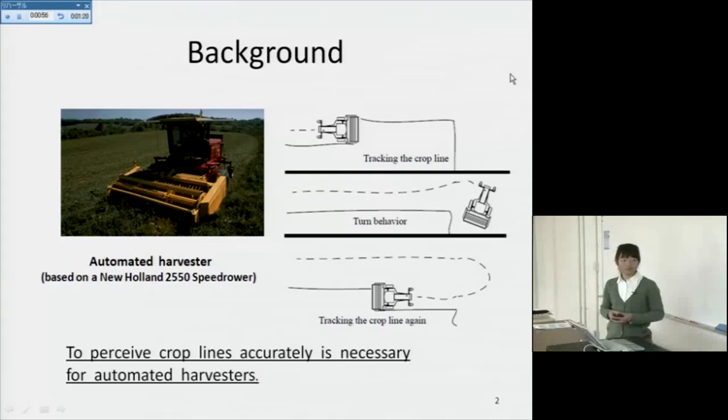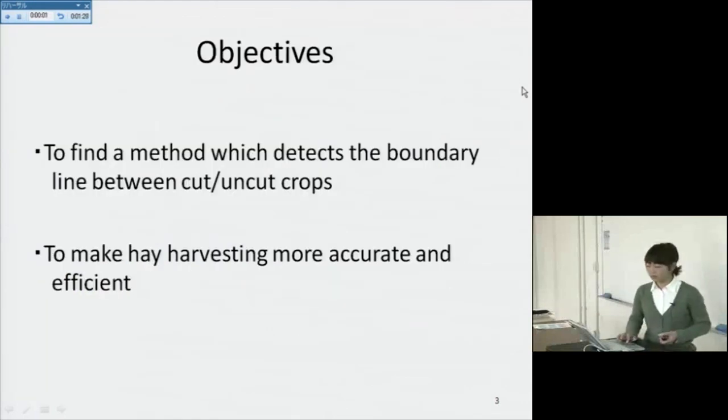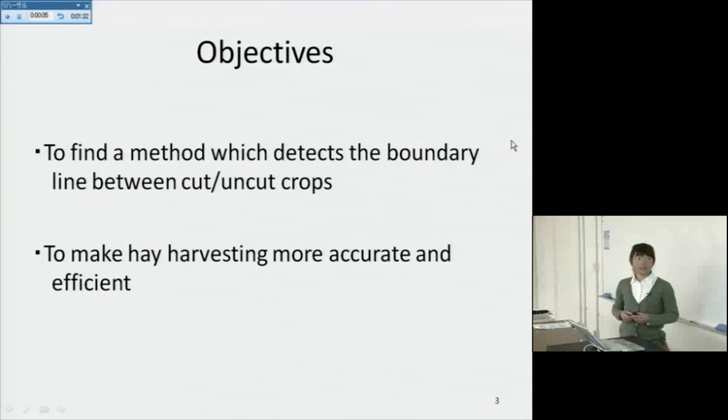So, perceiving crop lines accurately is necessary for automated harvesters. Our objective is to find a method which detects the boundary line between cut and uncut crops accurately, so that we can make hay harvesting more accurate and efficient.